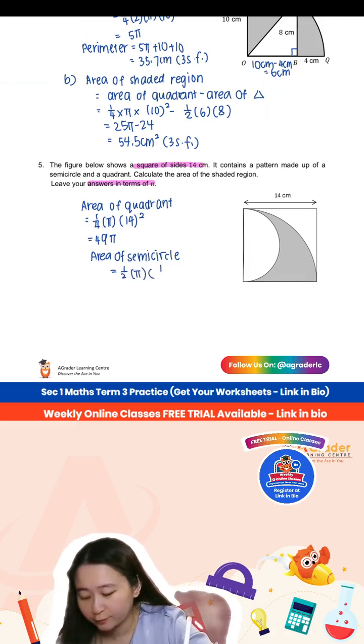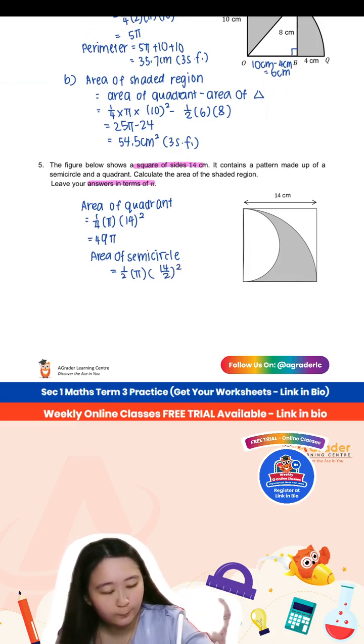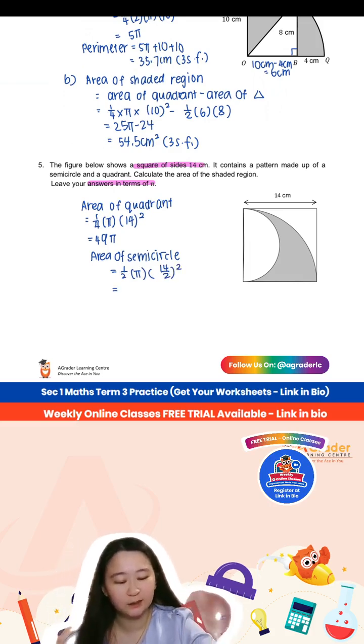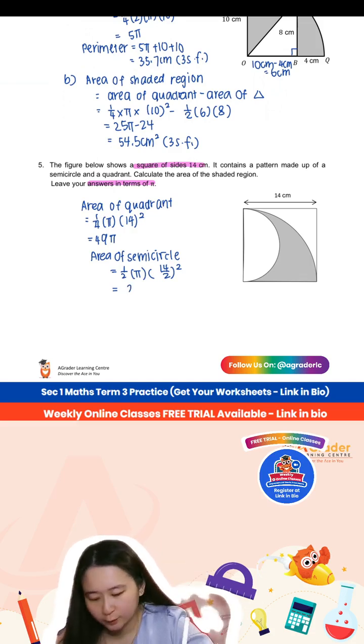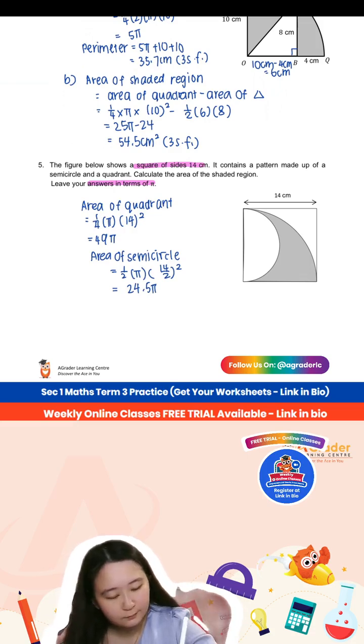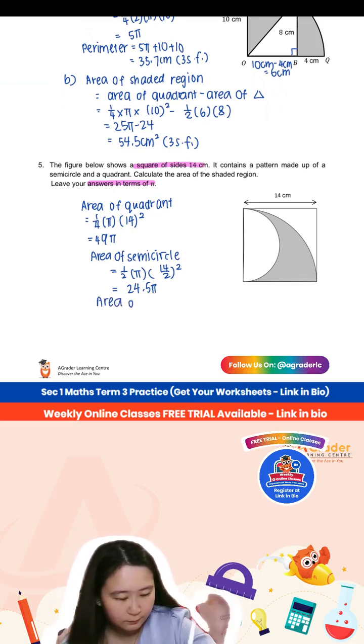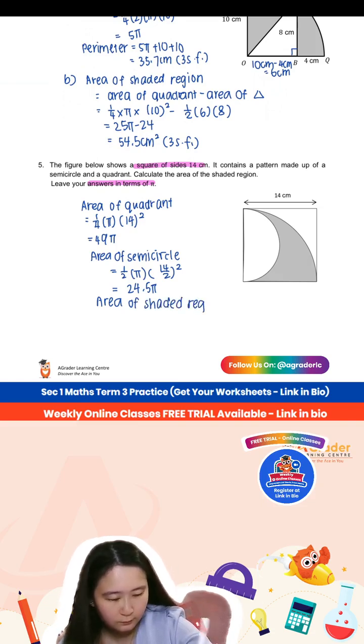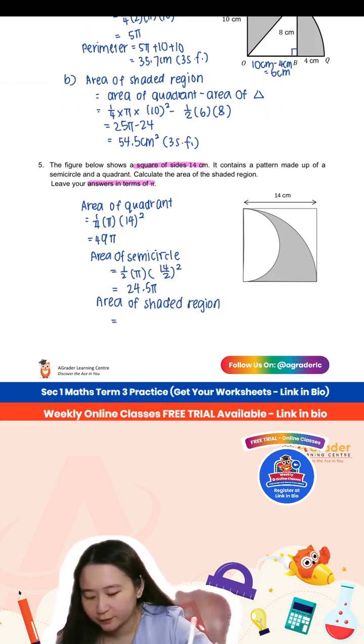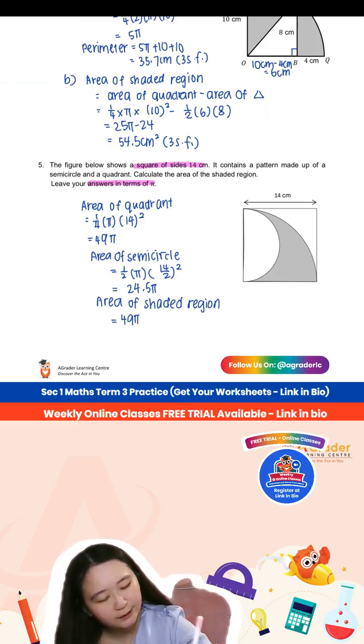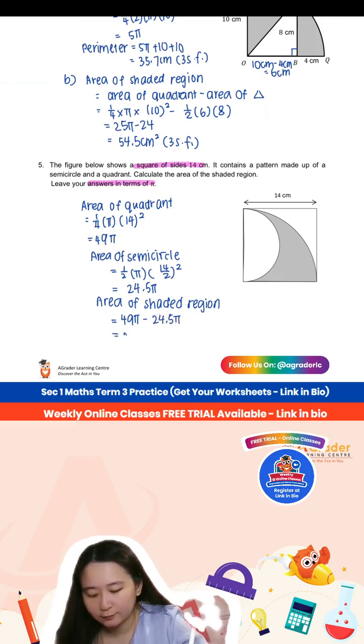The radius will be 14 over 2 because 14 is the diameter, so that gives us 24.5 pi. Therefore, we can find the area of the shaded region: 49 pi minus 24.5 pi. Oh sorry, just leave it in terms of pi.